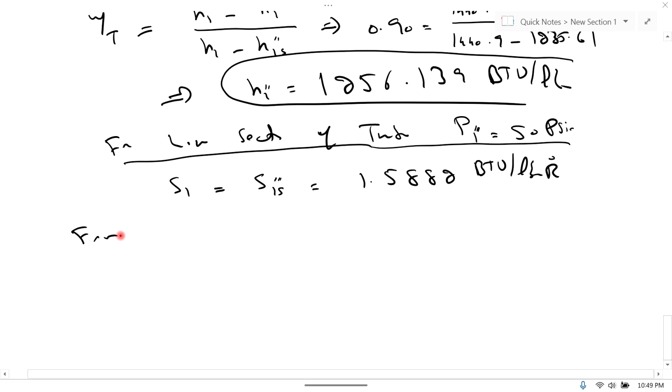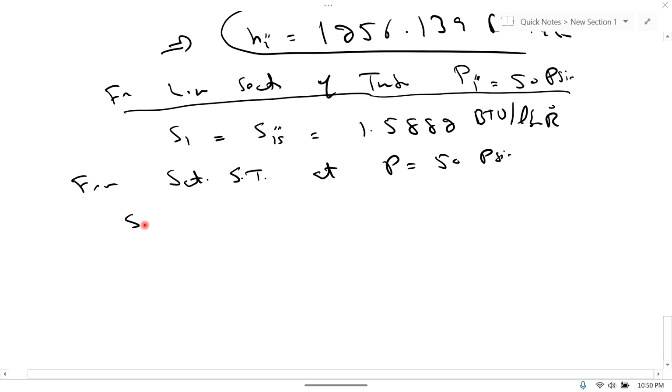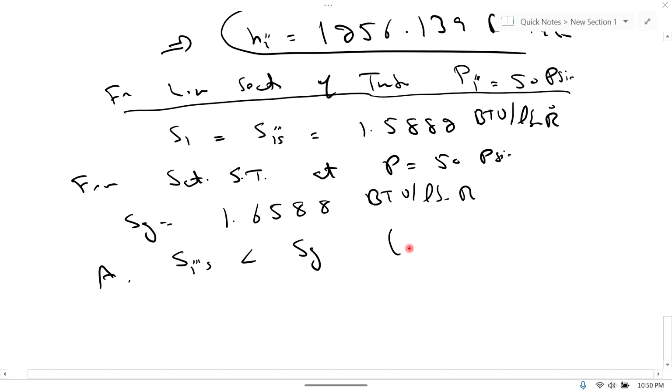So from the saturated steam table at pressure equal to 50 psia, Sg is equal to 1.6588 BTU per pound mass per degree R. As S1 triple dash S is less than Sg, it means this is in the wet region.